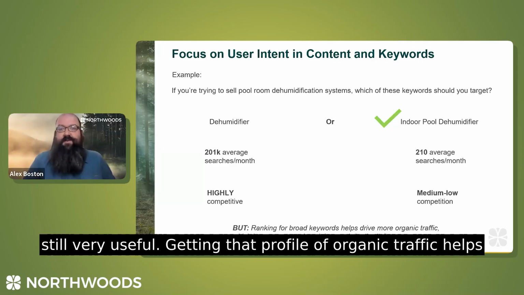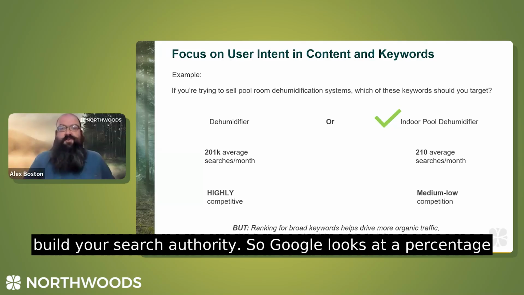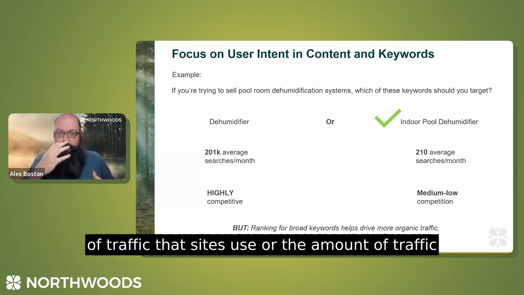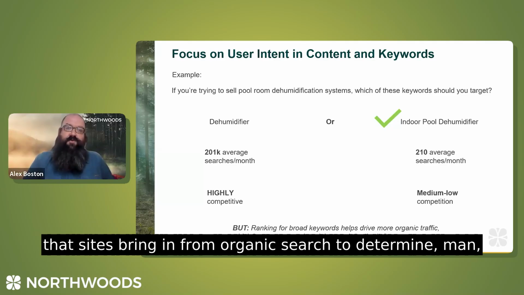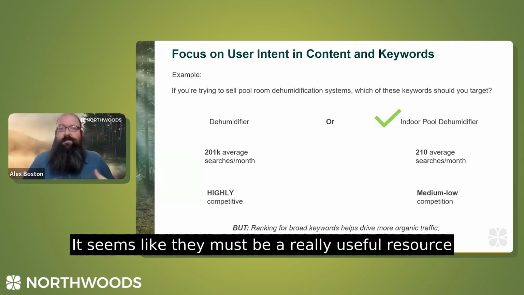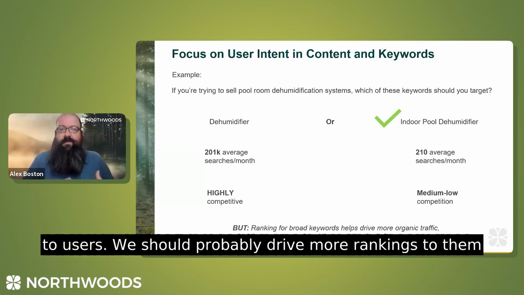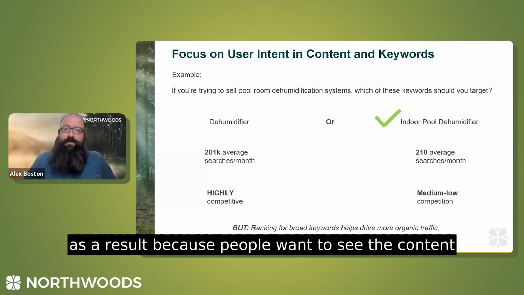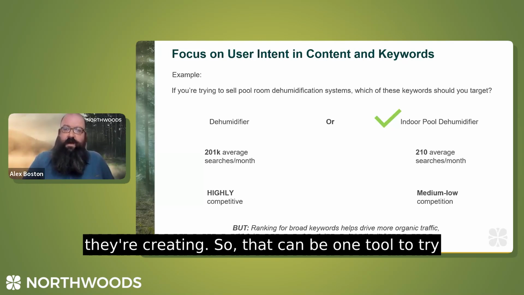Getting that profile of organic traffic helps build your search authority. Google looks at the amount of traffic that sites bring in from organic search to determine, man, people seem to be really clicking on this a lot. It seems like they must be a really useful resource to users. We should probably drive more rankings to them as a result because people want to see the content they're creating.